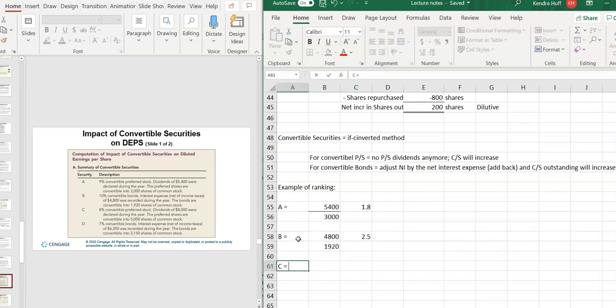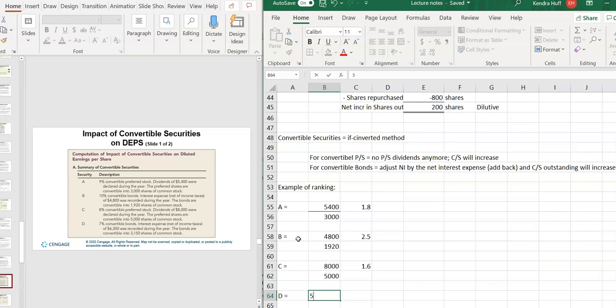C. $8 convertible preferred stock. So dividends were $8,000. They're convertible to 5,000 shares. So $1.60. And D. 7% convertible bonds.